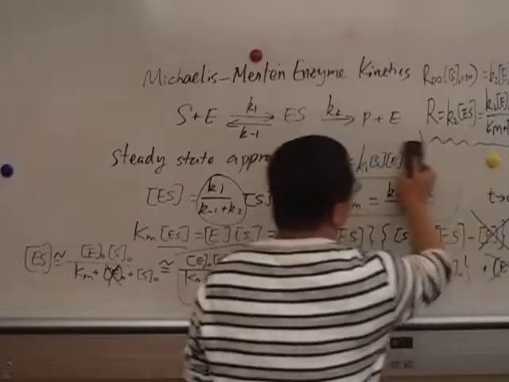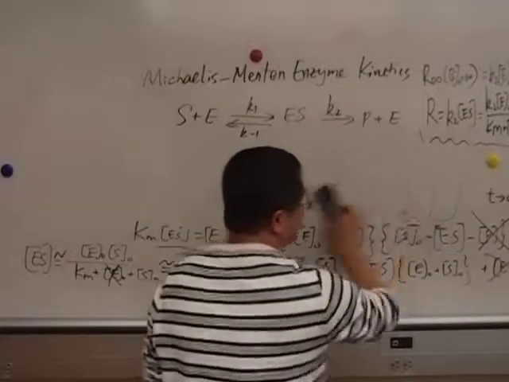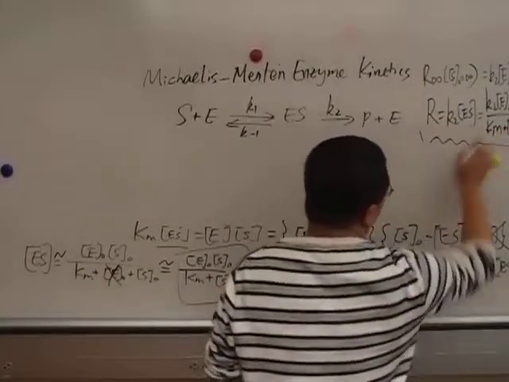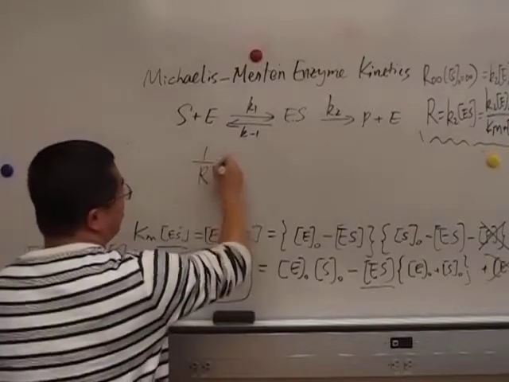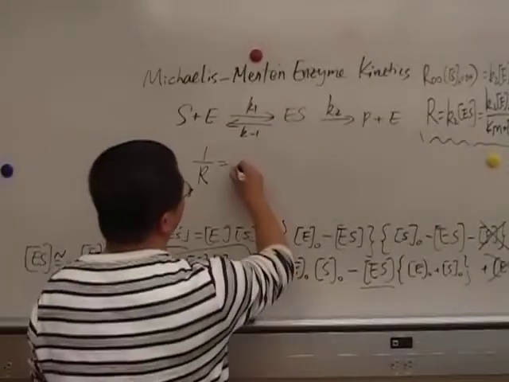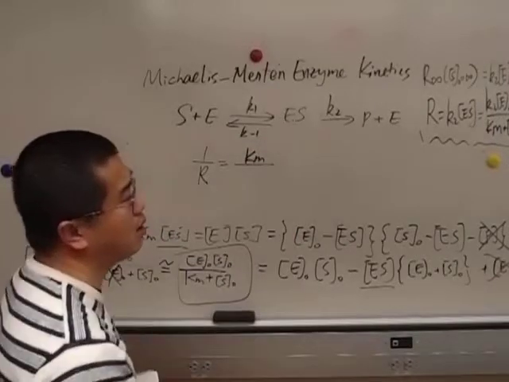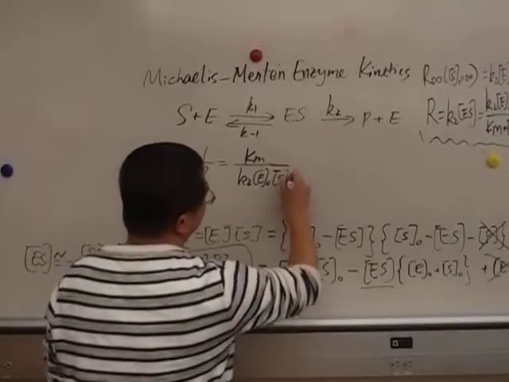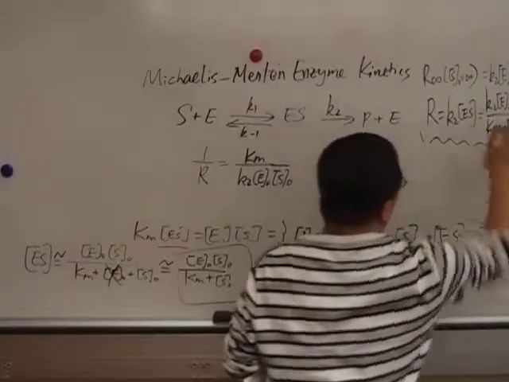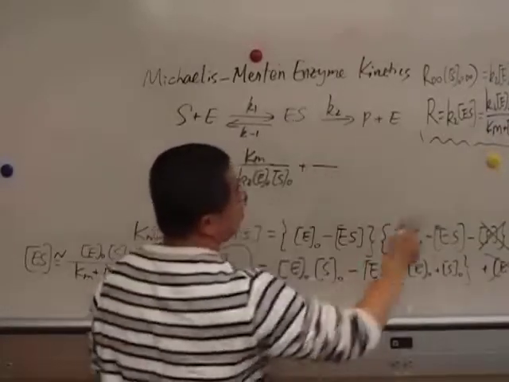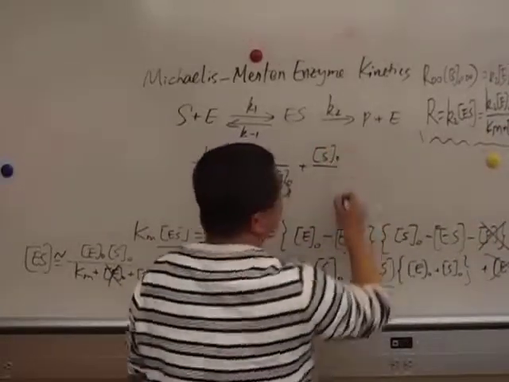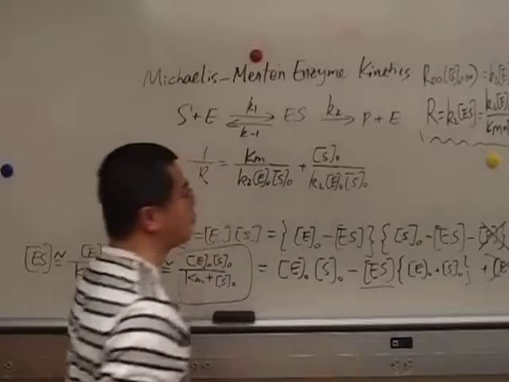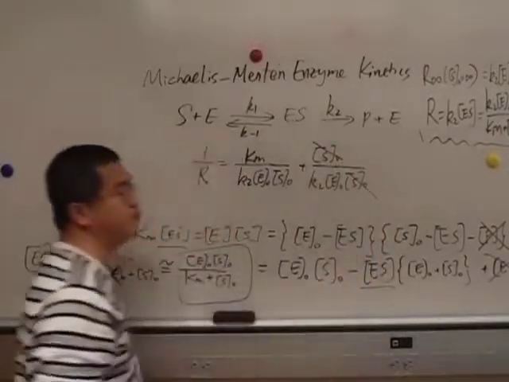I'm going to erase this steady state approximation and some part of the derivation, and then I'm going to take the reciprocal of both sides. So 1 over R, the reciprocal of the reaction rate, is equal to Km, the composite constant, divided by K2 E naught S naught, and then this guy divided by S naught, E naught, S naught, and obviously these cancel.